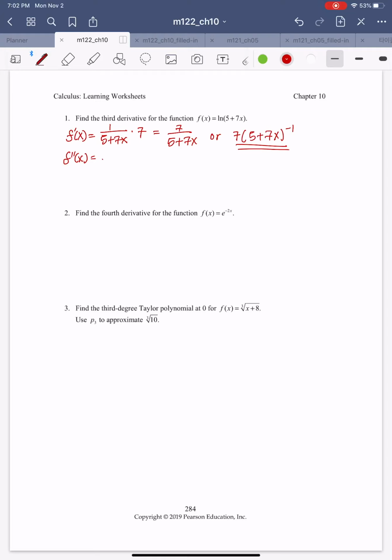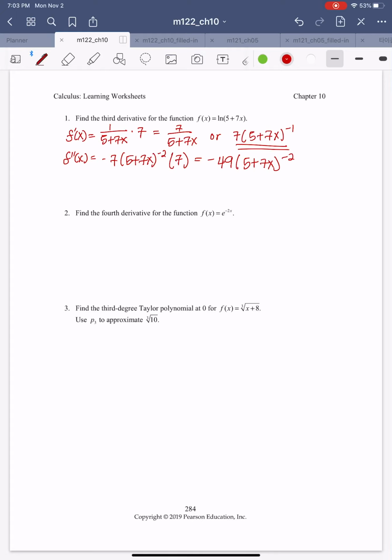That's going to make negative 7, 5 plus 7x, subtract 1, so I have negative 2. And then the derivative of the inside, 5 plus 7x, which is 7. Simplifying, I get negative 49 times 5 plus 7x raised to the negative 2 power.